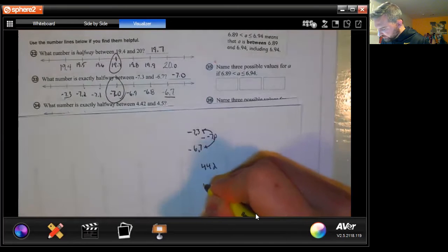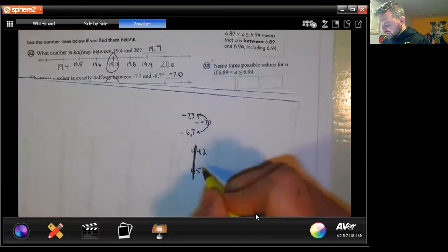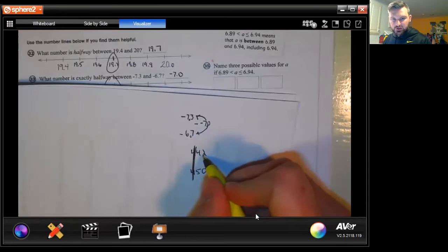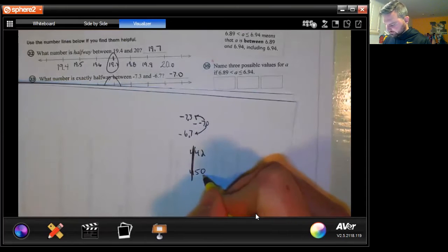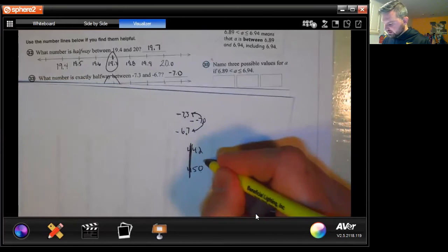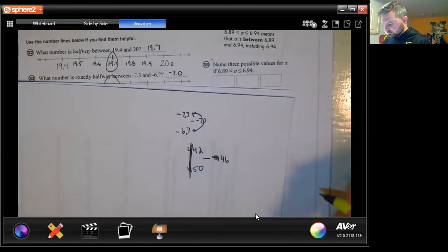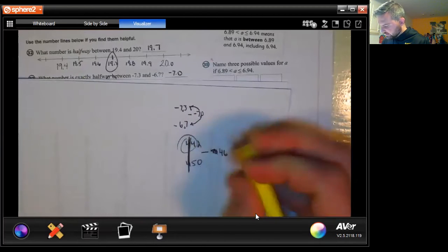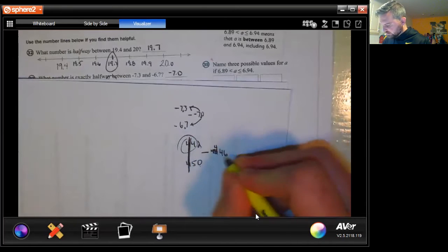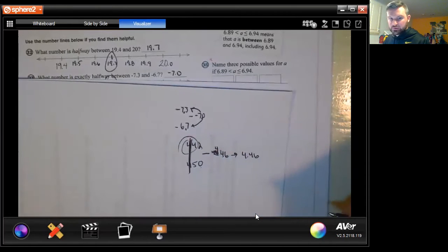So it's almost asking you, you have 442 and 450. If we ignore the fours for a second, what number is halfway between 42 and 50? Well, there's 8 spaces in there, so 4 spaces in would be halfway. So 42 plus 4 would be 46, which turns into 4.46 if you add the decimal back in.